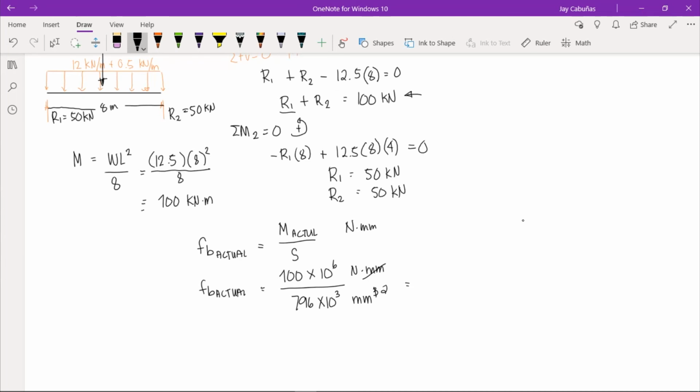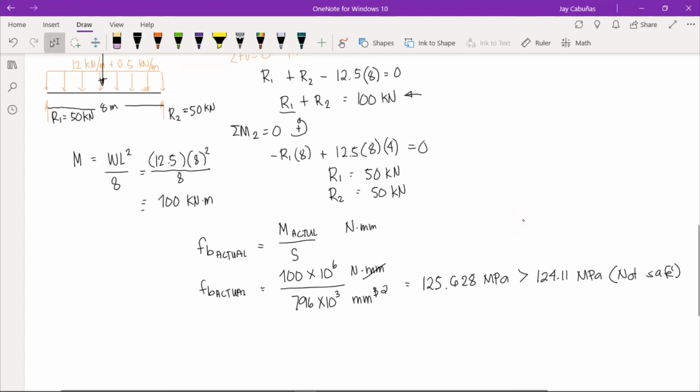So we have the actual flexural stress here, which is 125.628 megapascal. This is greater than the allowable stress, which is 124.11 MPa. So this is not safe.